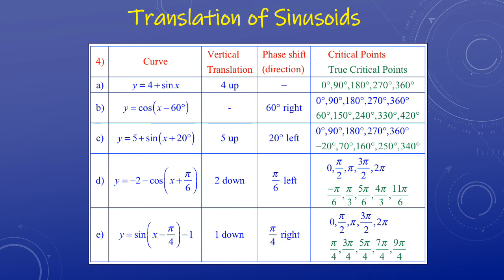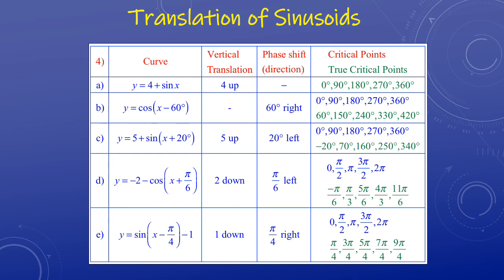In E, we have y is equal to sine quantity x minus pi over 4 minus 1. Sometimes we do not put the vertical translation first. In this case, we put it at the end. This is 1 unit down, and the phase shift is pi over 4 right.